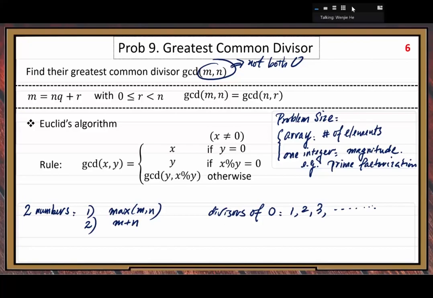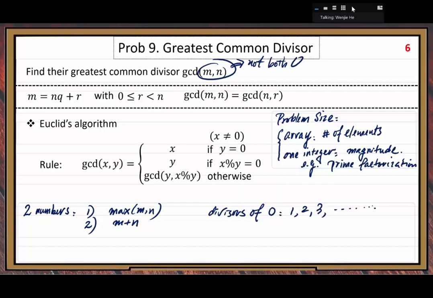You can see what we do: we just do integer division, or modulo. If you do this kind of operation in a computer, it is extremely fast. So our powerful computer can do this much faster than prime factorization. That's the reason.